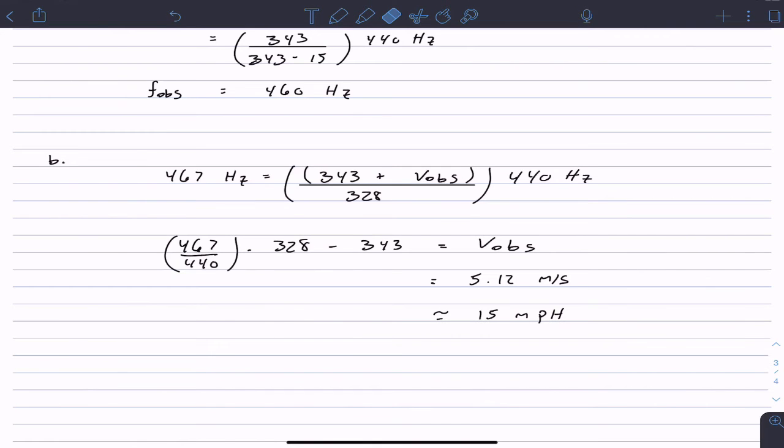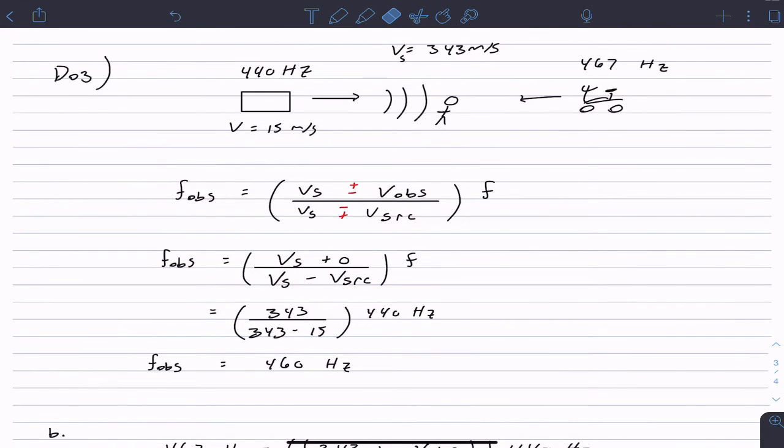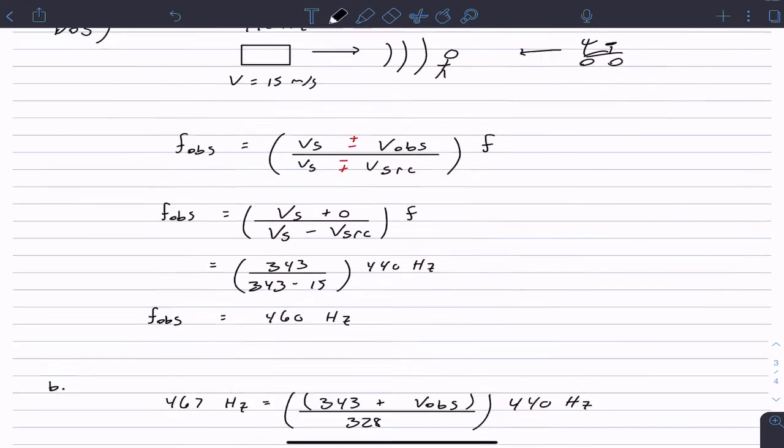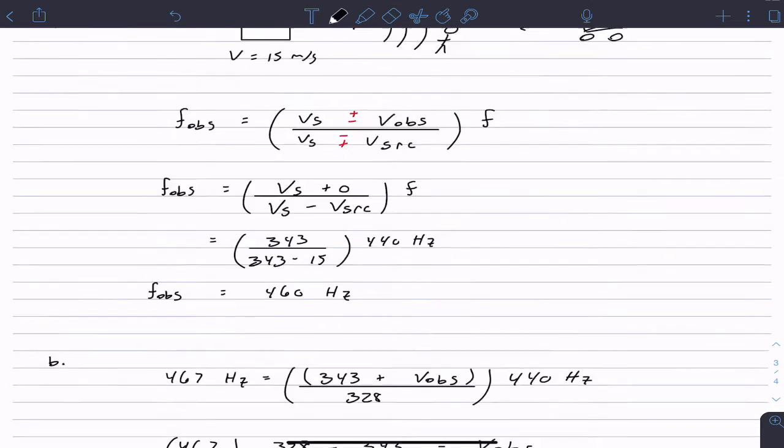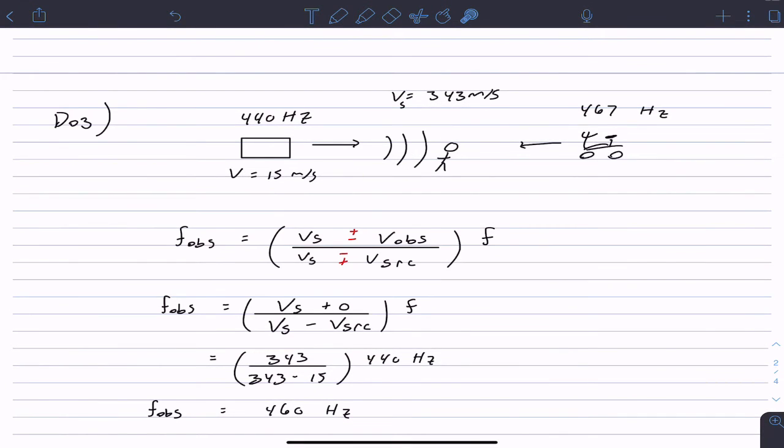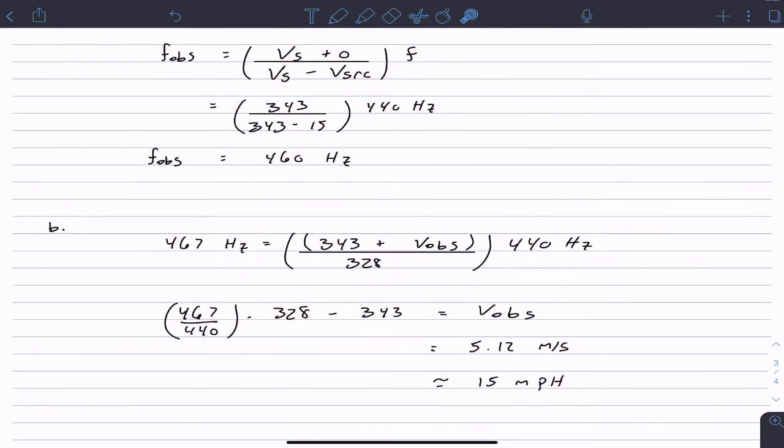So I had to make the assumption that we were asking about a stationary observer in the road. Okay, so I think that makes sense. So if you're just standing in the road, along the line towards the bicycle, closer to the bicycle while the car's coming at you, you're going to hear it at 460 hertz.